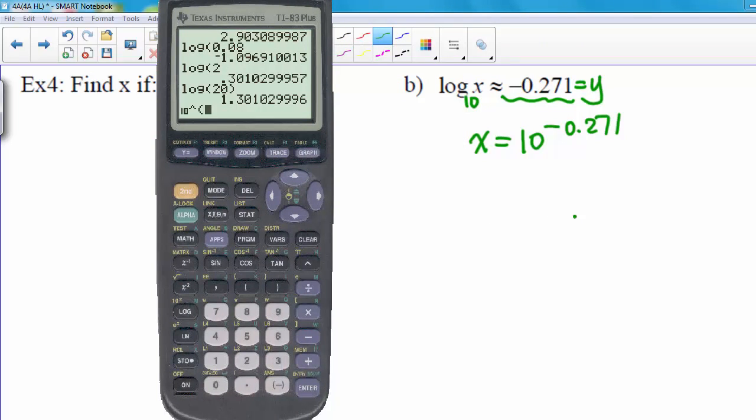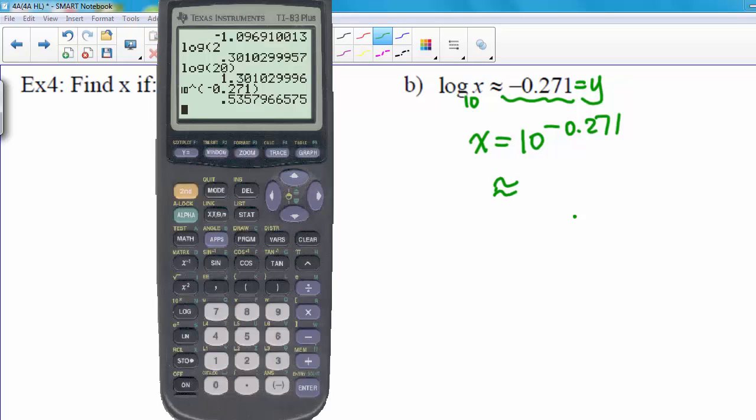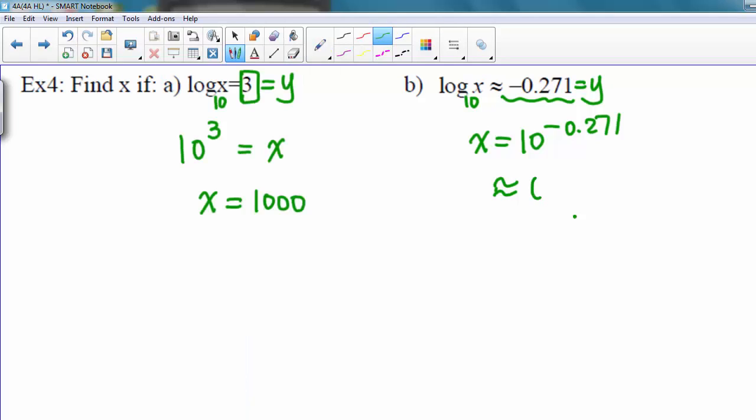Find 10 to the power of negative 0.271. Okay, so we can find the value is around 0.536. So we keep 3 significant figures in IB course.